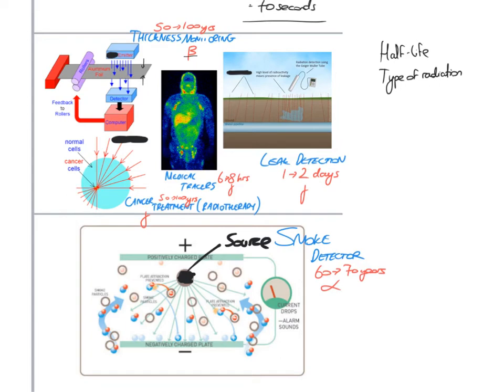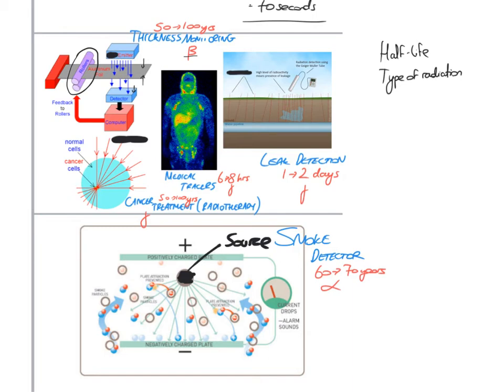Beta is stopped by a few millimeters of aluminium. At different thicknesses, you'd get different amounts of beta getting through. So you could actually set the computer to adjust the rollers here based on a particular level of beta radiation getting through, depending on the thickness of the aluminium.